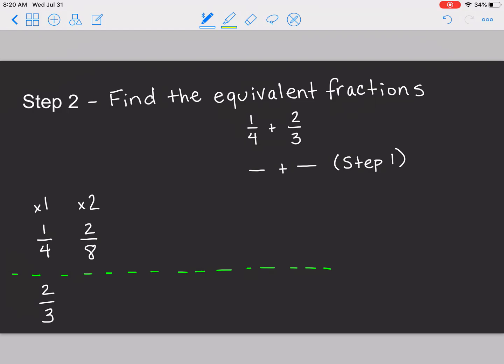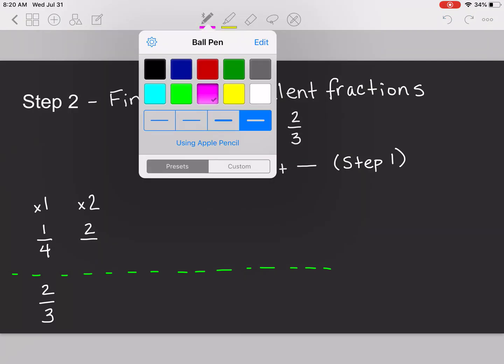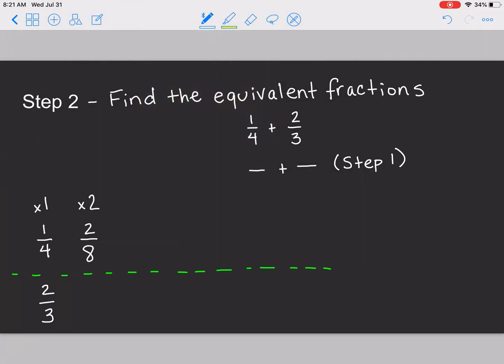Now I'm going to drop down to the 2/3 and do the exact same thing. I'm going to multiply 2 times the numerator 2 and 2 times the denominator 3. 2 times 2 is 4. 2 times 3 is 6.